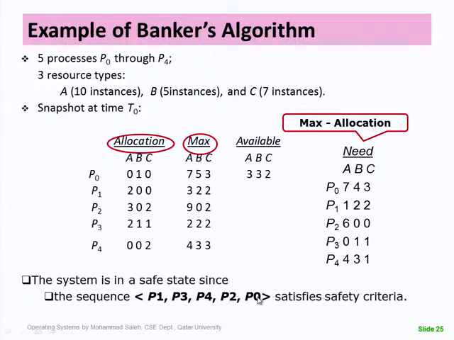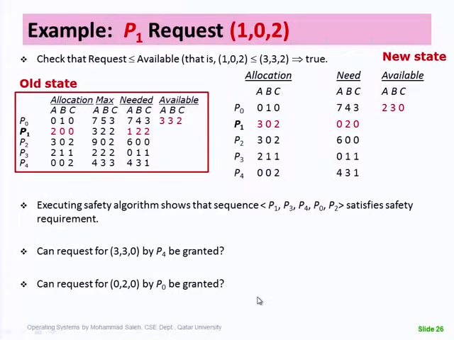Assuming that we have this request: P1 requesting 1 resource of A and 2 resources of C. So we have P1 issuing a request, 1 resource of A and 2 resources of C, in vector format: the number of instances of A, B, and C type resources. Now, this is the old state. I have the snapshot on this slide so that we can see the changes that we need to make to formulate the new state, okay?